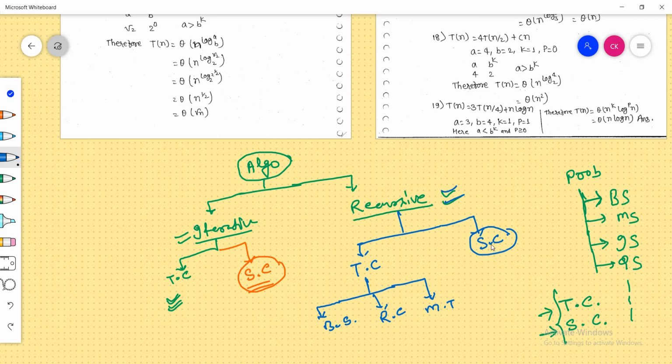Unless you are familiar with all these concepts, time complexity of iterative and recursive programs, you cannot proceed. For a recursive program, you have to find the time complexity with the help of any method, frequently back substitution or the master theorem.